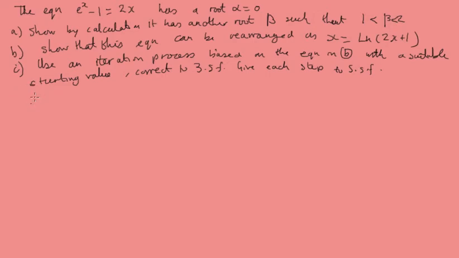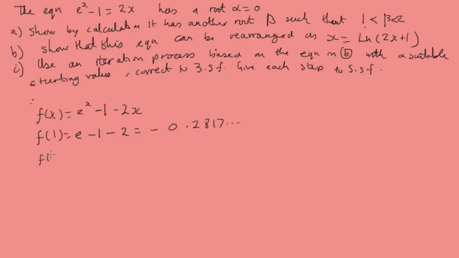Okay, so firstly, we're testing the root between 1 and 2. So f of x is e to the x minus 1, and we rearrange it to be minus 2x. So we're going to find f of 1, which is e minus 1 minus 2, which is minus 0.2817.